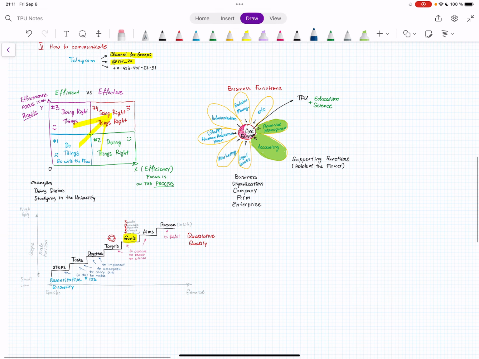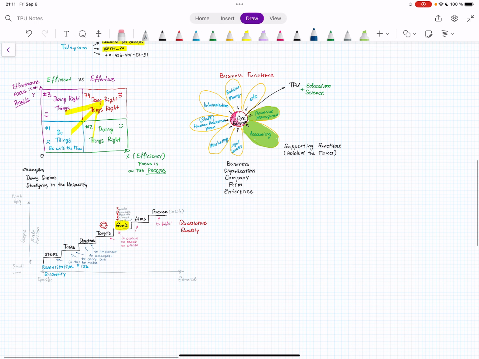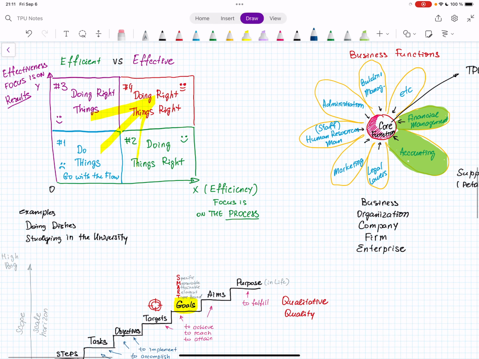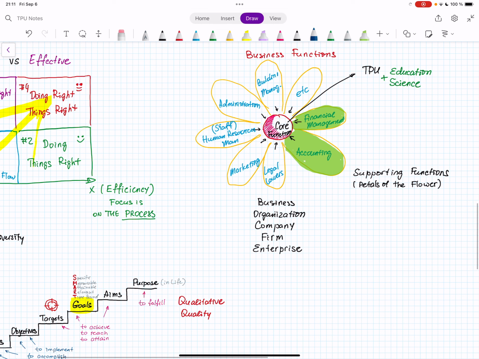Okay, so this is enough for today. We studied efficient and effective, and I hope I got you interested in doing right things, right? Second, I gave you a chamomile picture, by the way. Chamomile flower of business functions with the core function and supporting functions.